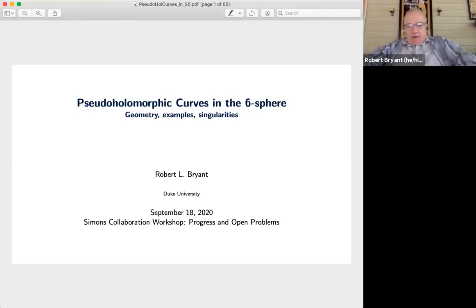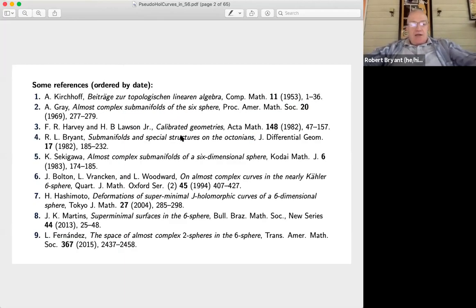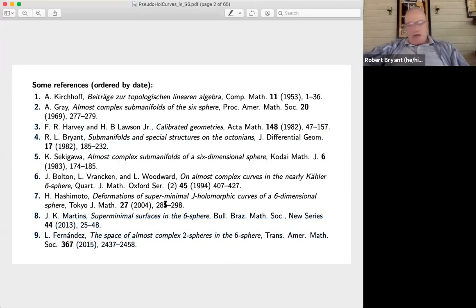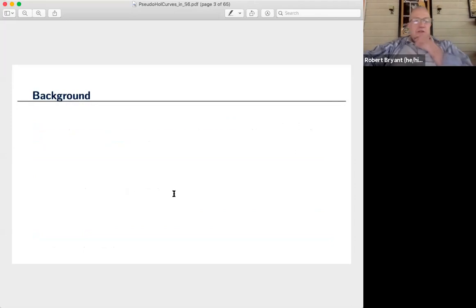I just want to mention that ever since my original paper on that subject, which was inspired by Harvey and Lawson's calibrated geometries, there has been a fair amount of work, in particular lately some very extensive work on the pseudo-holomorphic curves in the sixth sphere, and some of that I'll draw on as I get to it. Let me say what some of the background is.